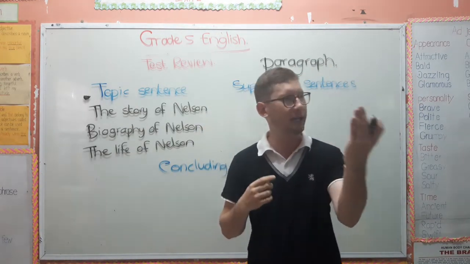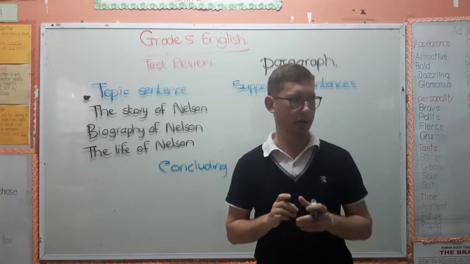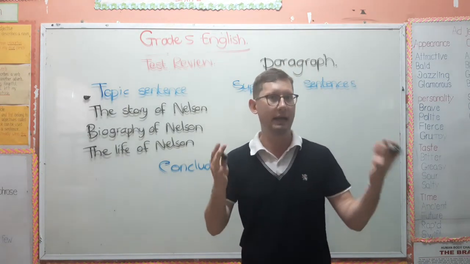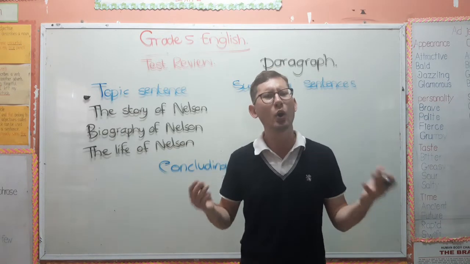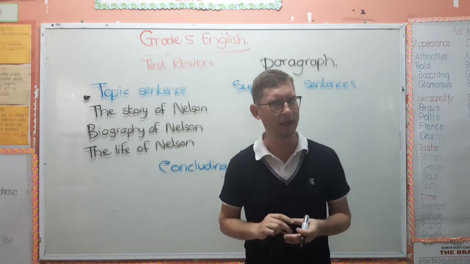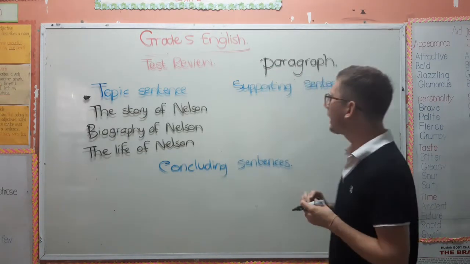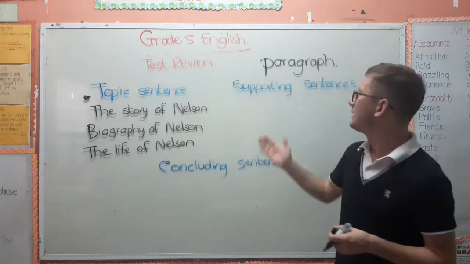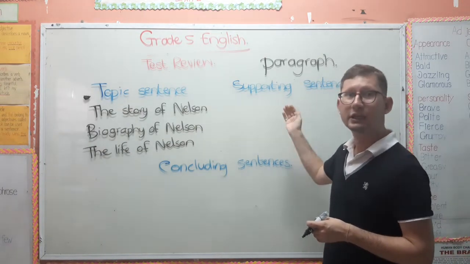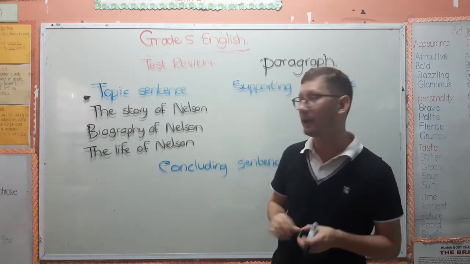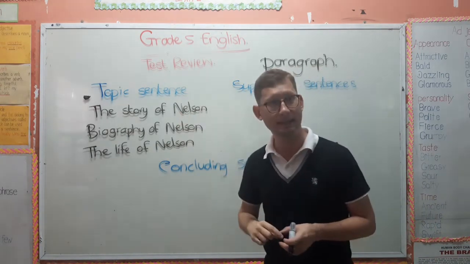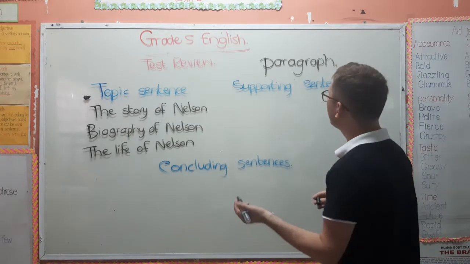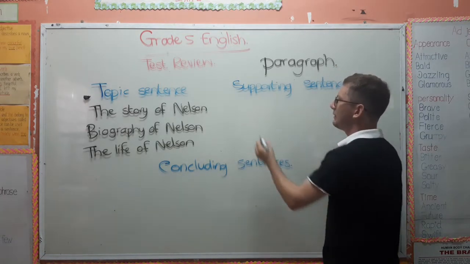So we can see instantly, okay, this would be about Nelson Mandela. But then we think, who is this guy? Who is he? Okay, and that's where the supporting sentences come in, because the supporting sentences describe or explain the topic sentence.